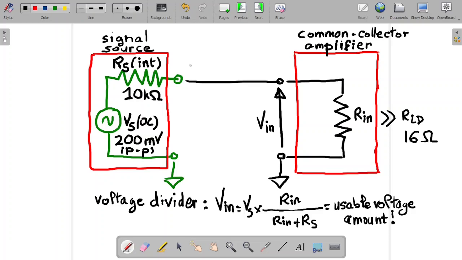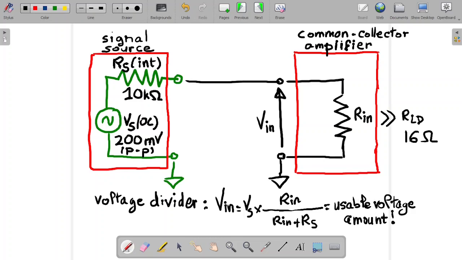So that's why you want a current gain. So what happens is that if Rin is large, the voltage Vs doesn't drop too much across the terminals of your amplifier, and you get a usable voltage amount.